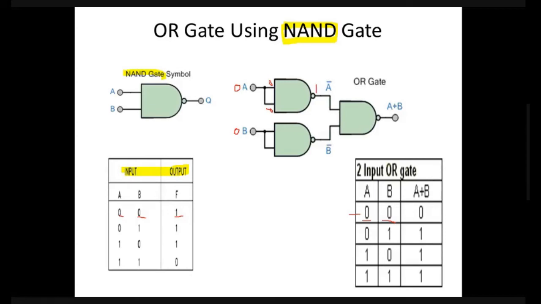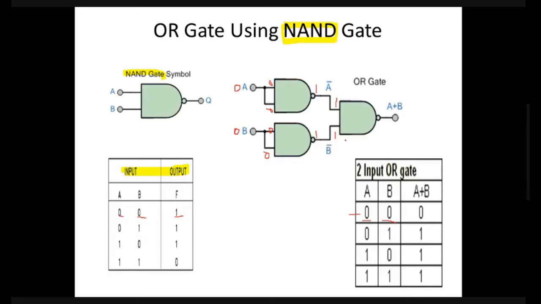Here the B, the second input, is 0. This 0 comes here and this 0 comes here because both are shorted. And 0 0 NAND output is 1. Okay. And this one comes here, and this one comes here.